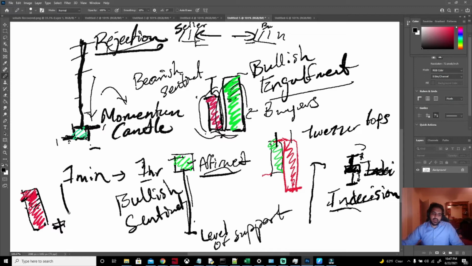And then we have a green candle. This is called a morning doji. This is called a hammer. This is called a shooting star.